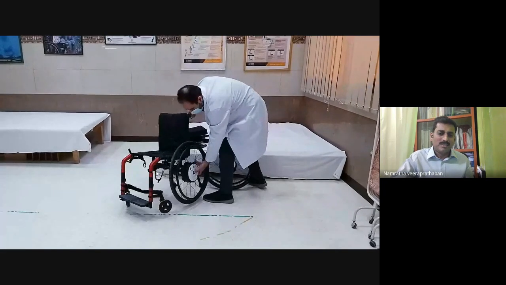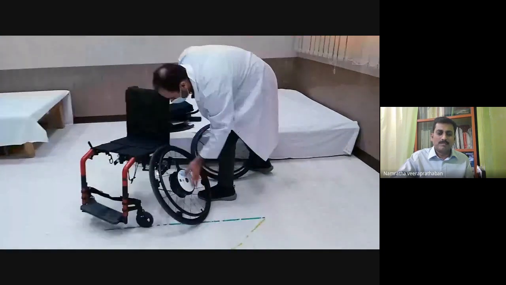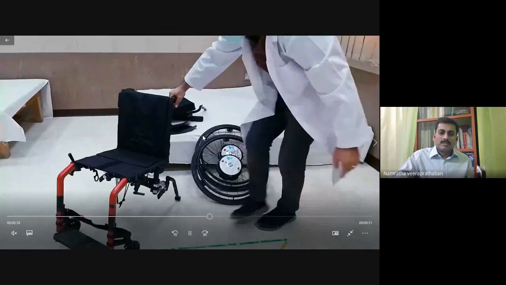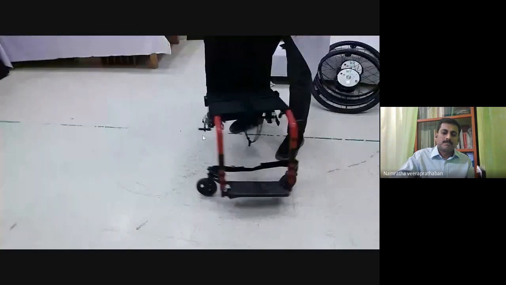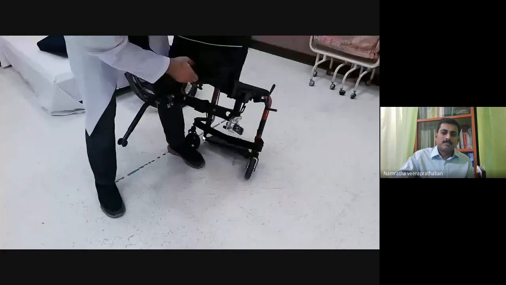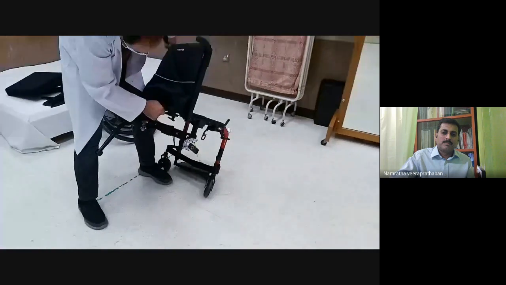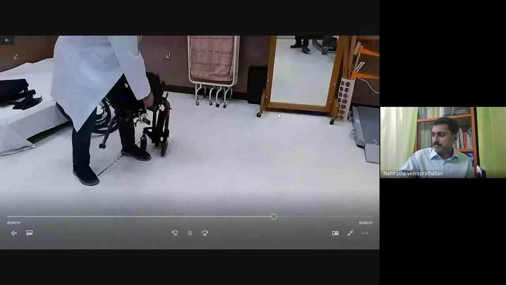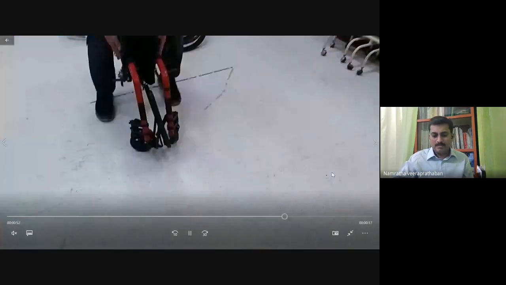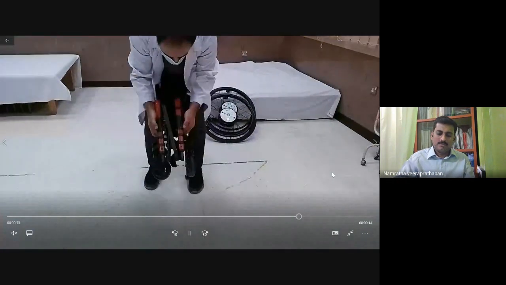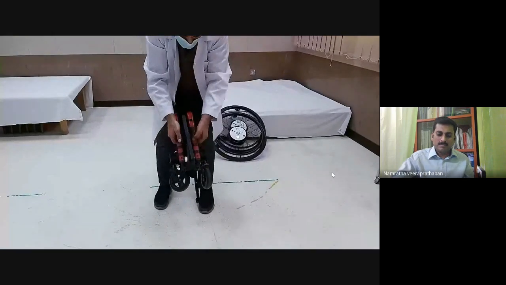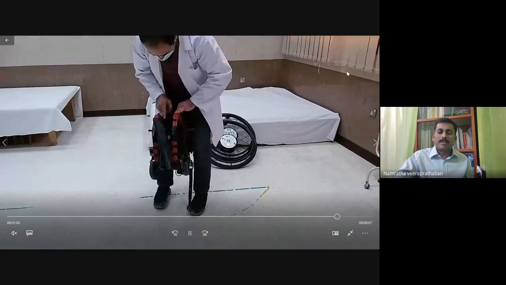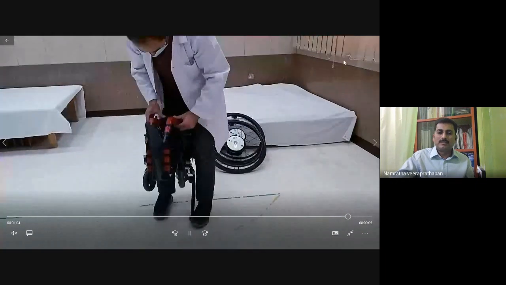Totally it will weigh around 25 to 30 kilograms. Okay, so this is very compact folding. You can put it in a bag and you can travel.